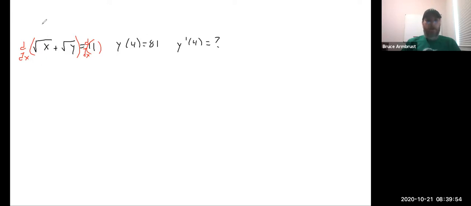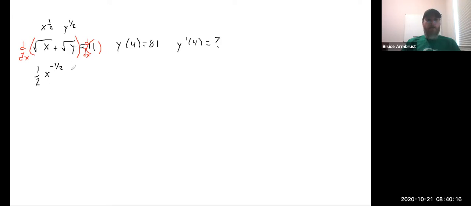Okay, so to help us differentiate these square roots, let's remember that those are 1/2 powers. So x to the 1/2, its derivative is going to be 1/2 x to the minus 1/2. So that's what we would do every time if we were differentiating.